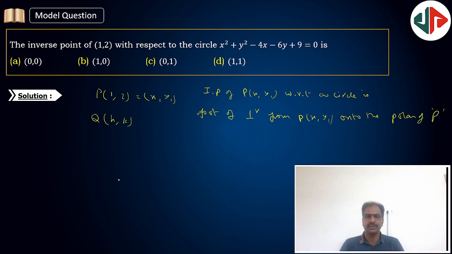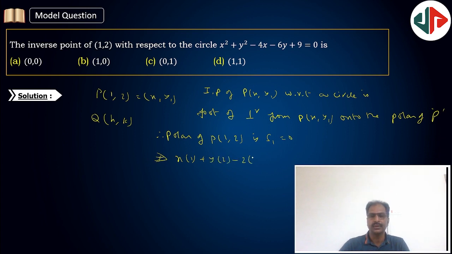So for a given point, how to find the inverse point? It is the foot of the perpendicular drawn from that point onto the polar of P. So first you have to find the polar of P. What is the polar of P(1, 2) with respect to the circle? The formula is S1 equal to 0, which means x1 x plus y1 y plus g(x plus x1) plus f(y plus y1) plus c is equal to 0.